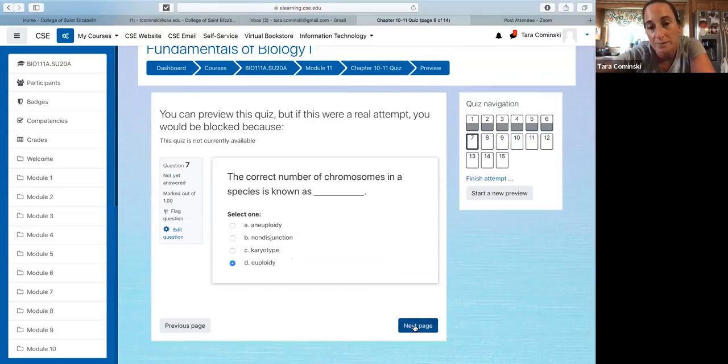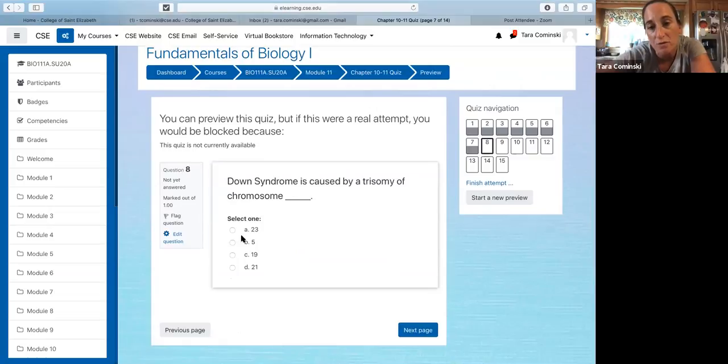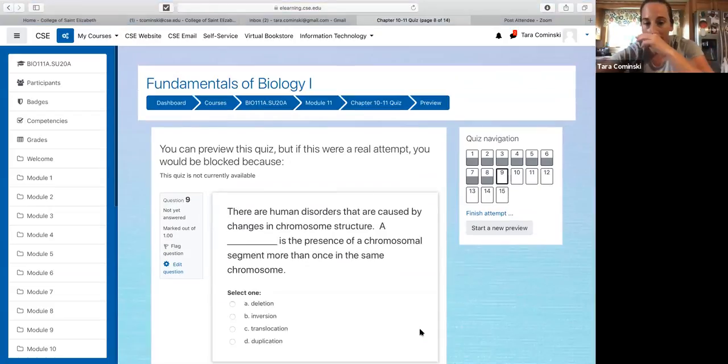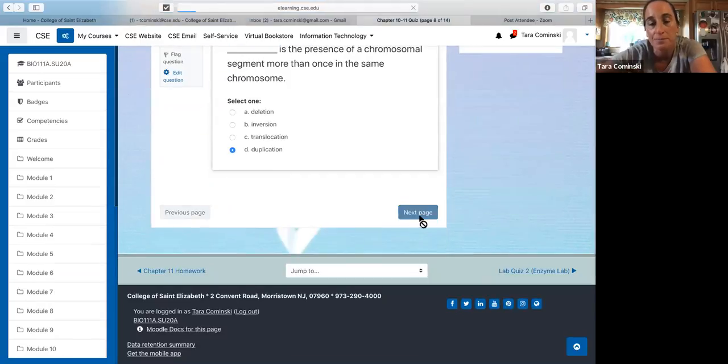Euploidy. Down syndrome is caused by a trisomy of chromosome 21. There are human disorders that are caused by changes in chromosome structure, right? A blank is the presence of a chromosomal segment more than once in the same chromosome. That's called a duplication.